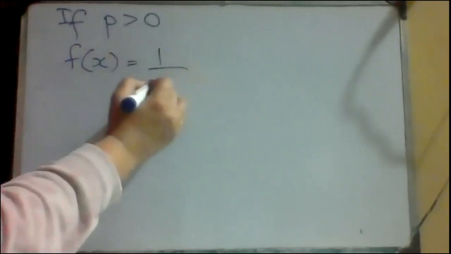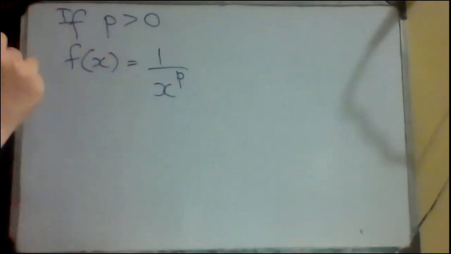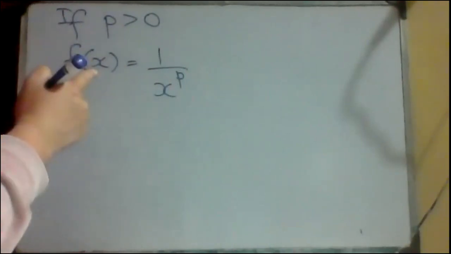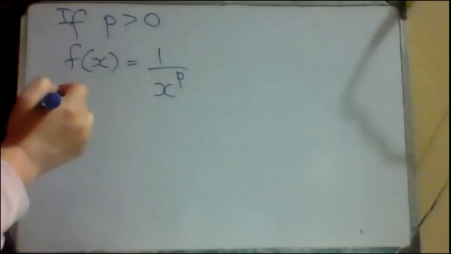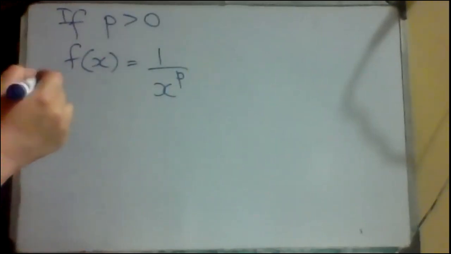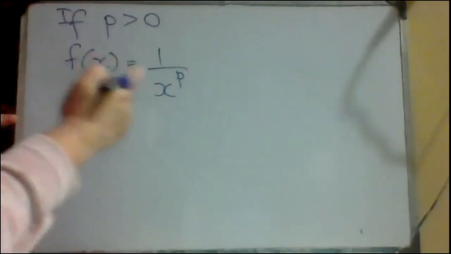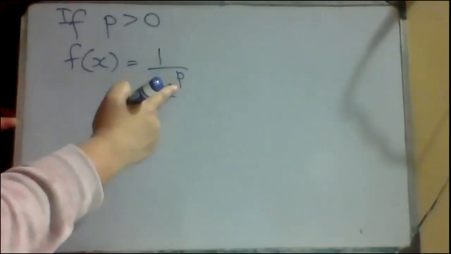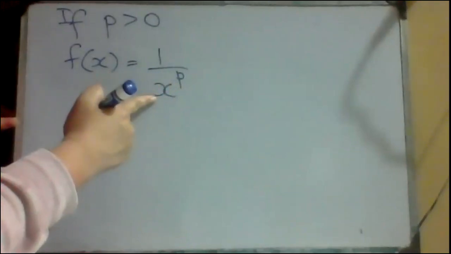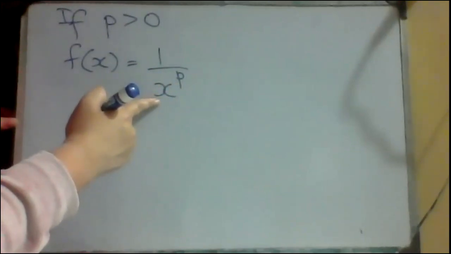For the integral test, I have to write the f of x, and f of x becomes x power minus p. Now I have to check the three conditions for this f of x on the interval 1 to infinity, or any finite number. Since f of x is equal to 1 over x^p and p is positive, whatever the x is, because x is from 1 to infinity, it would always be positive.